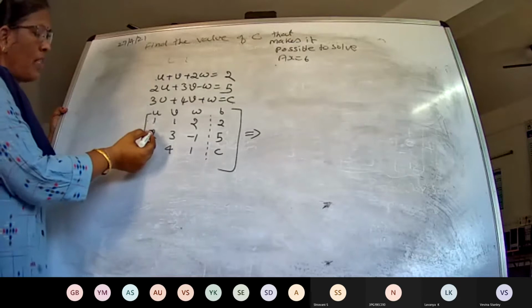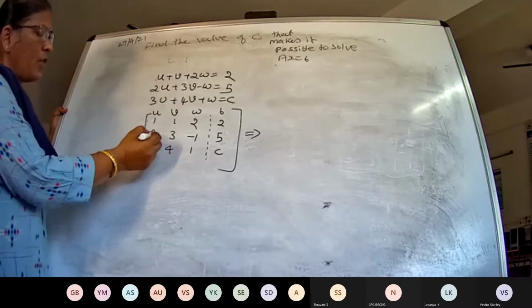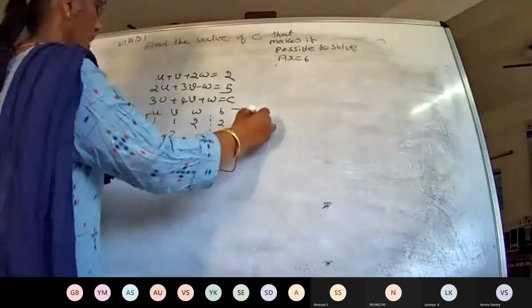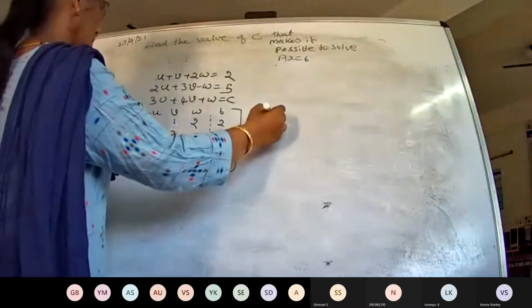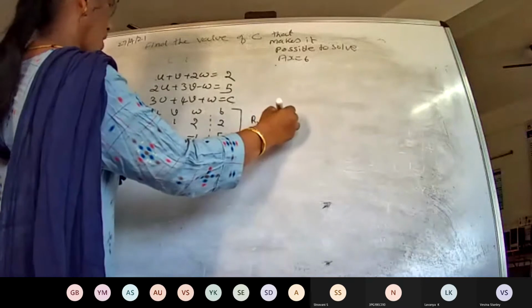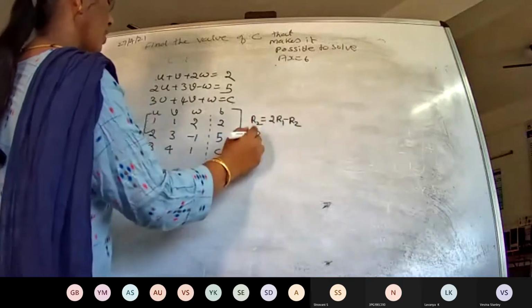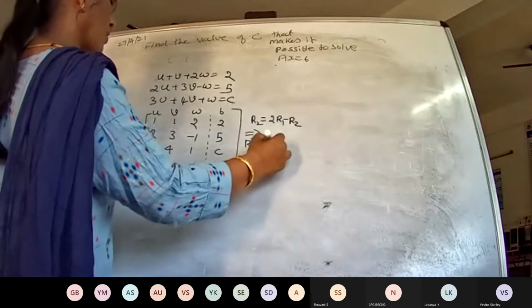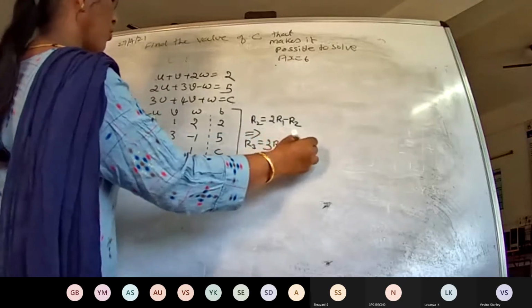Make the elements below it 0. This 2 and 3 you have to concentrate on making 0. So what I can do, R2 equals 2 times R1 minus R2, and R3 equals 3 times R1 minus R2.